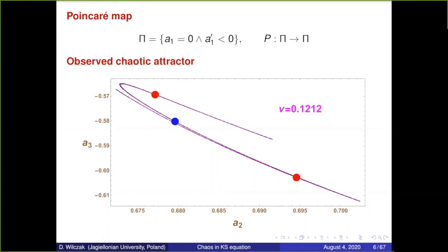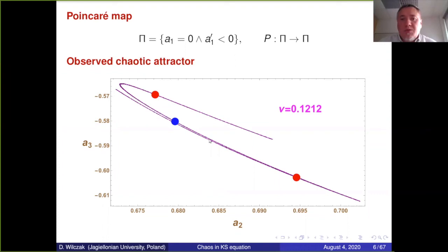This is how the picture was computed: I chose one point on the Poincaré section from this rectangle and plotted just forward iterations, as usual. And this is the picture.